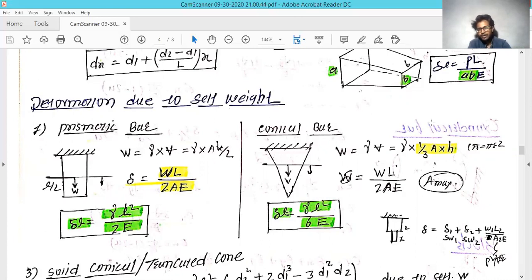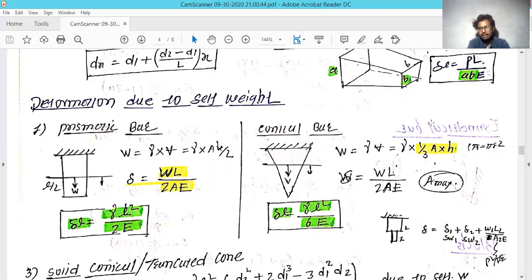And this is called the specific weight of that body, which varies with respect to each and every material, because it contains the raw values. So the density value varies, your weight is going to vary, and this formula turns out to be rho into V. And we know that volume is area multiplied by its length.